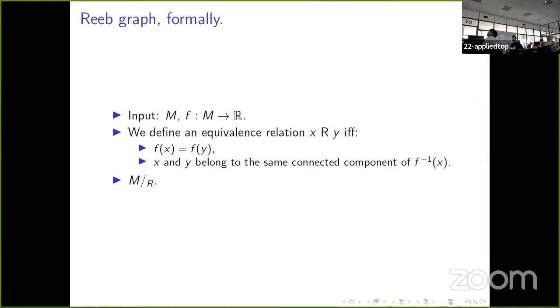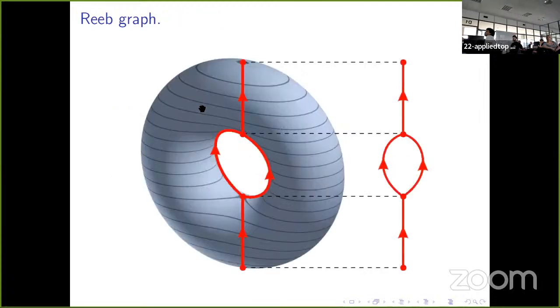I will say that two points are equivalent if two conditions are satisfied. First of all, they need to have the same value of the function f, f of x equals f of y. But there is an additional condition: x and y need to belong to the same connected component of the fiber.